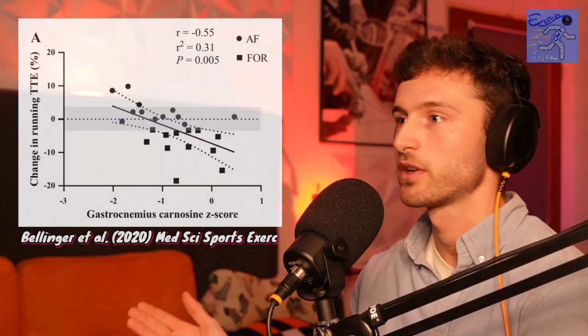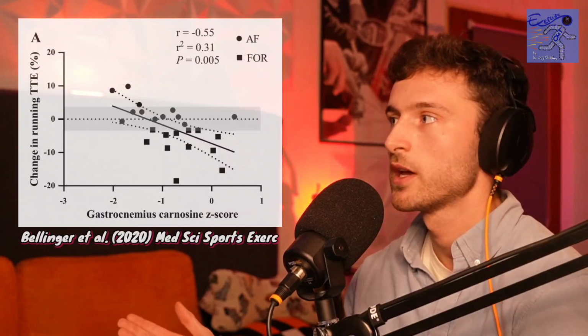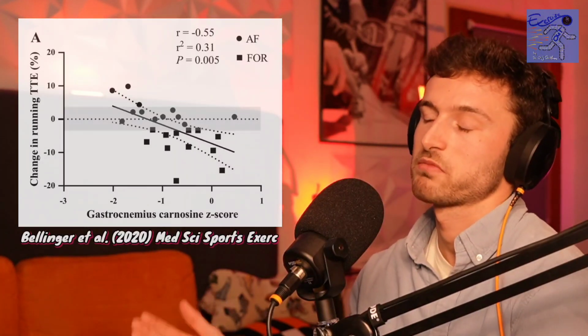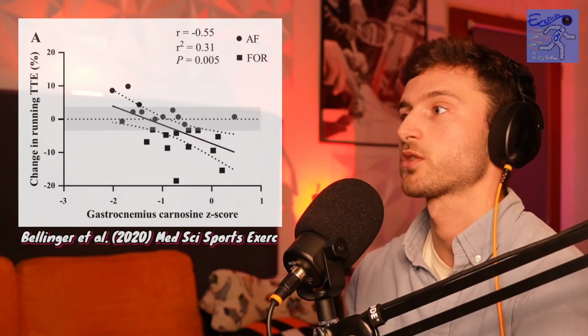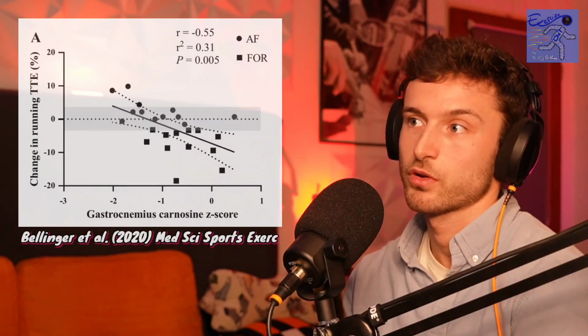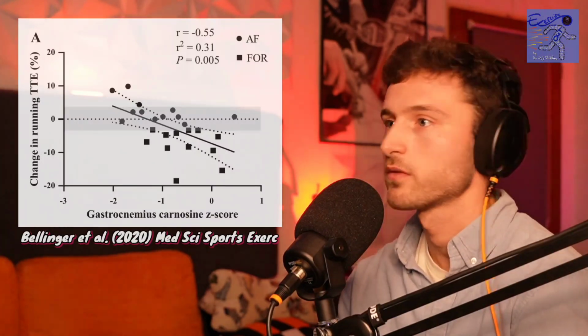Whereas the intermediates had a clear decrease in performance and were acutely fatigued, which indicates that the fiber typology might actually have something to say about your optimal training method or training volume. So, in other words, the muscle fiber typology, or the percentage of type 1 to type 2, is related to the pacing strategy.